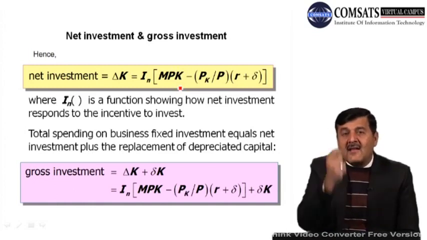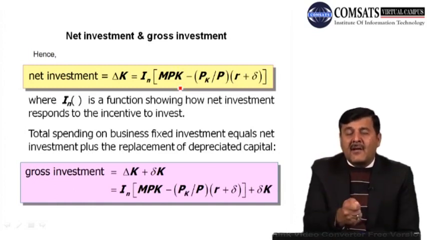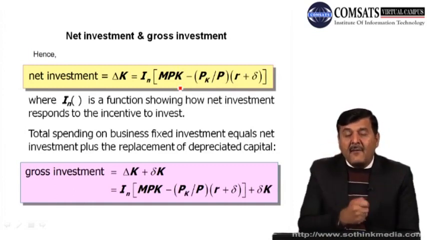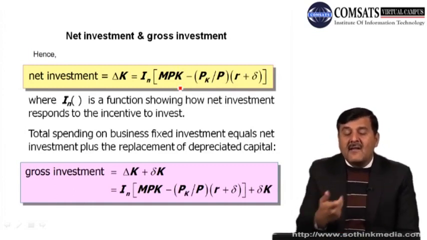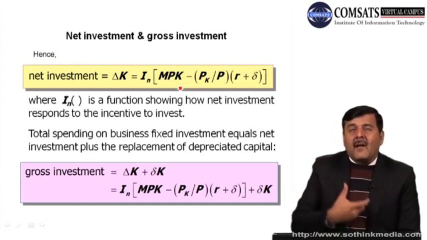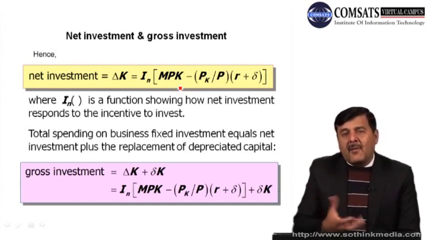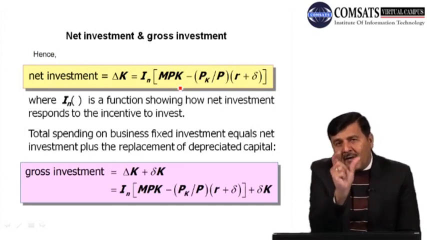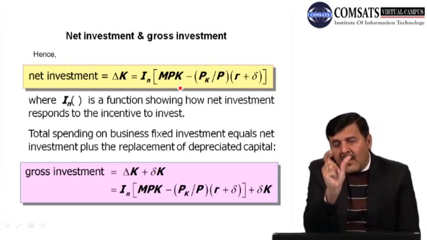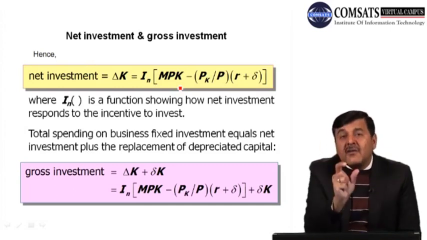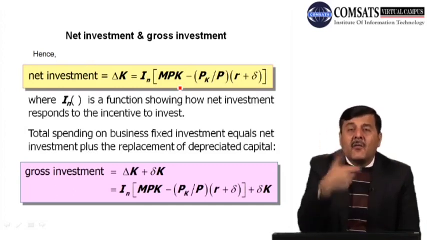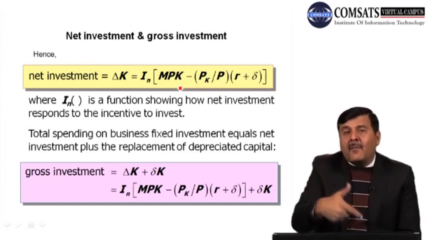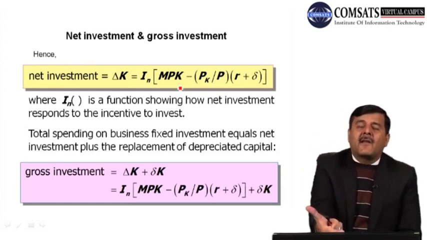So change in capital depends on the incentive to invest. So if profit is positive, then there is an incentive for the rental firm to invest, right? When they invest, net investment depends on that investment decision.